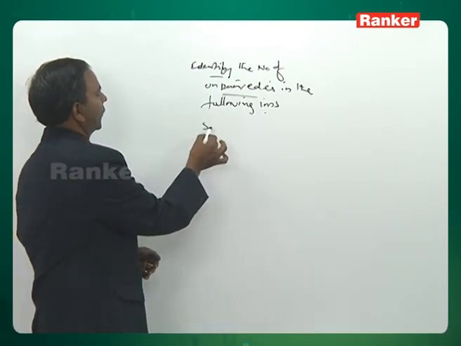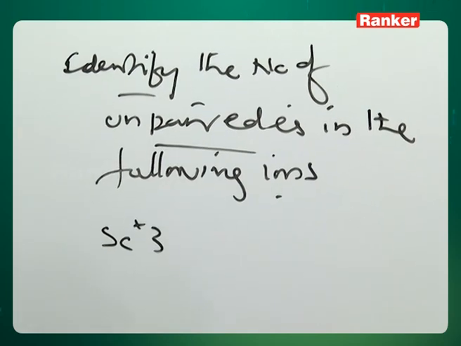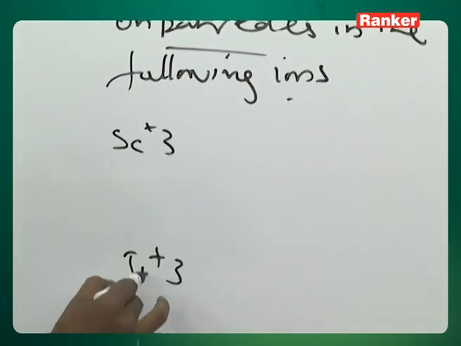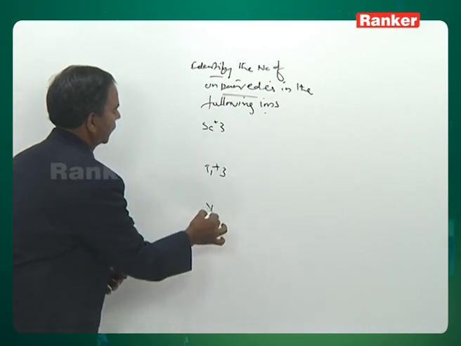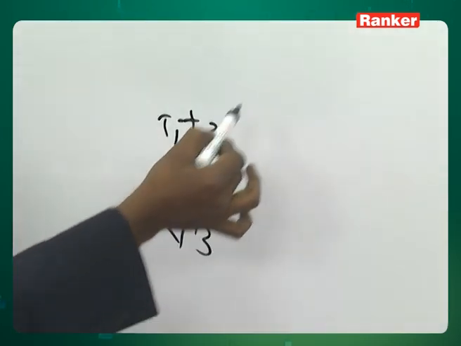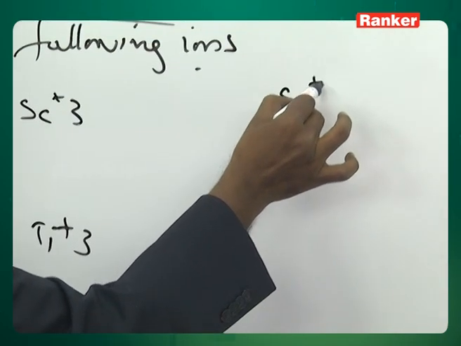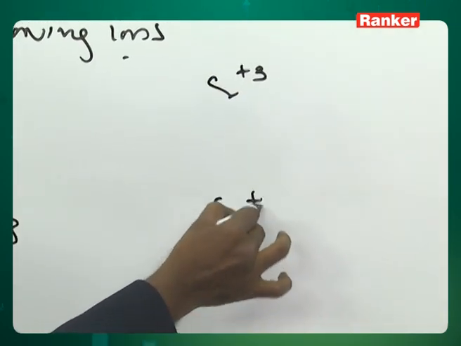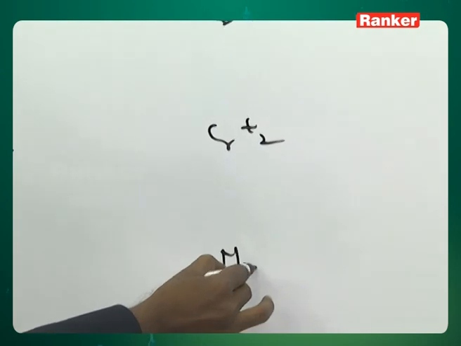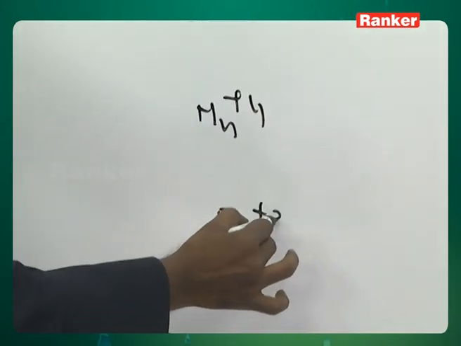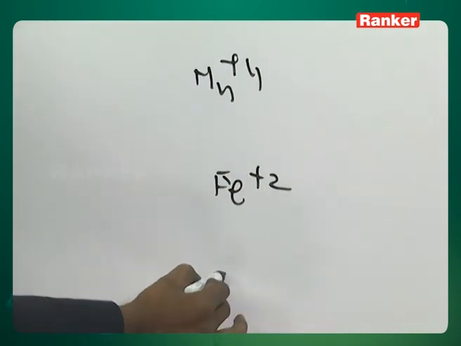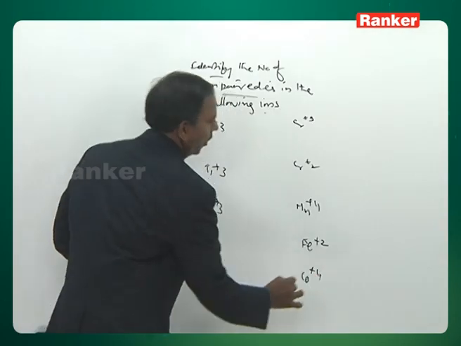Suppose you are given ions like scandium plus 3, titanium plus 3, vanadium plus 3, chromium plus 3, chromium plus 2. Consider manganese plus 4, iron plus 4 or plus 2, take iron, and consider cobalt plus 4.